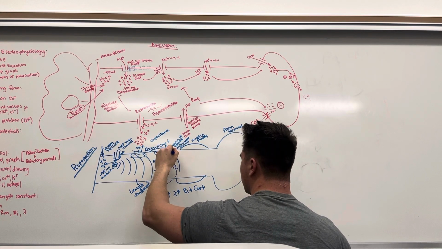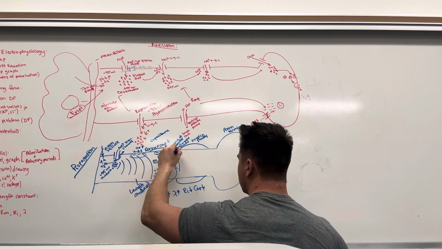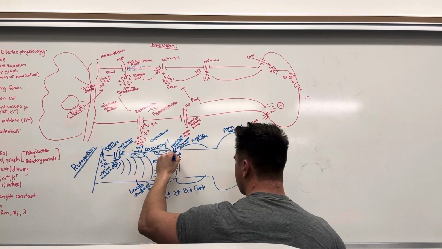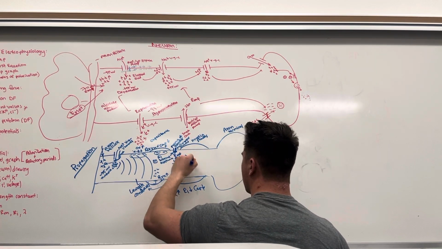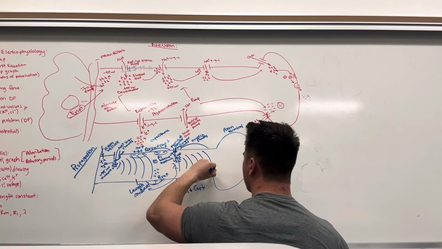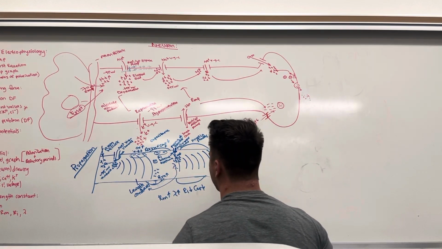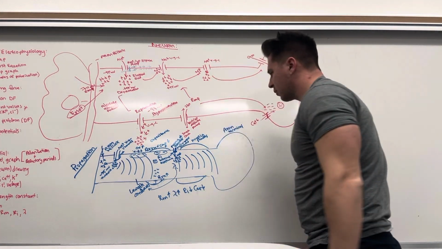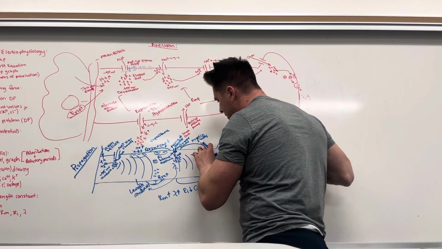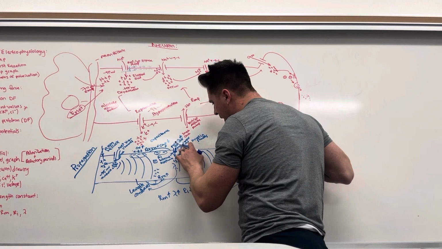Then we pop open this sodium channel door. Sodium comes rushing in, and we fire an action potential. And then this gets felt all the way through that myelinated area. And so what we see in multiple sclerosis is this disease, this degeneration of myelin.